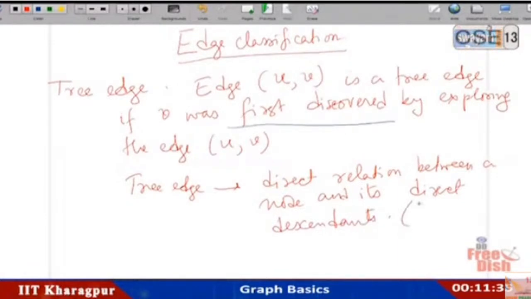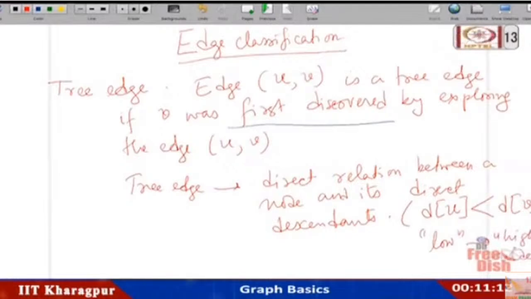In other words, the discovery time of U is strictly less than the discovery time of V. Sometimes we call this a low to high nodes connection, or a low to high node relation.